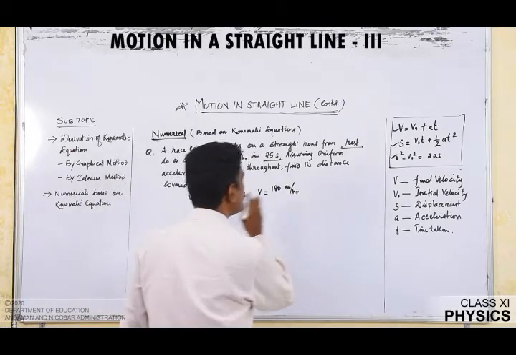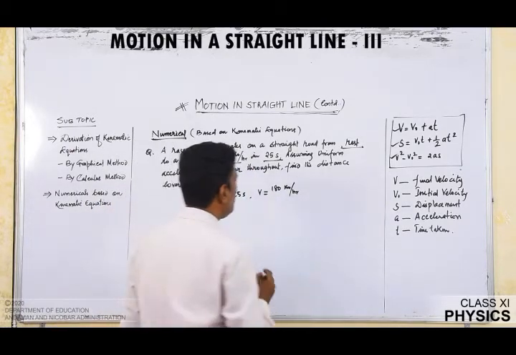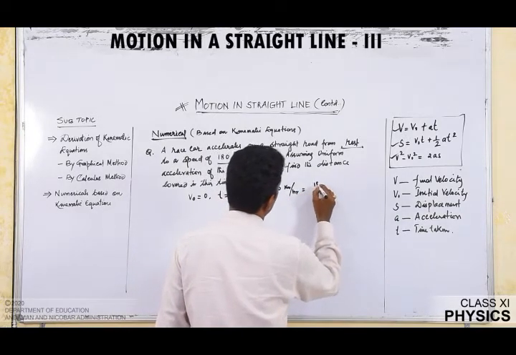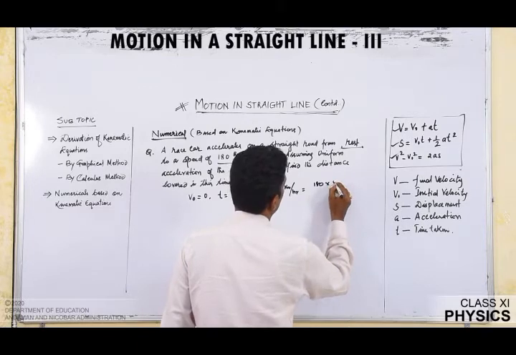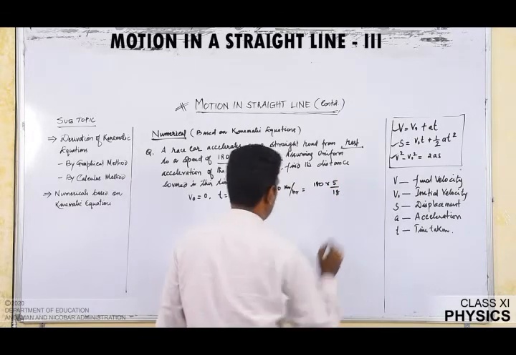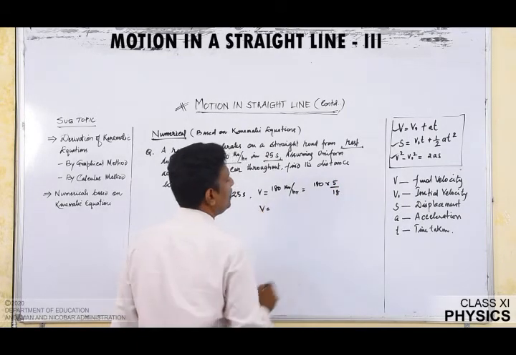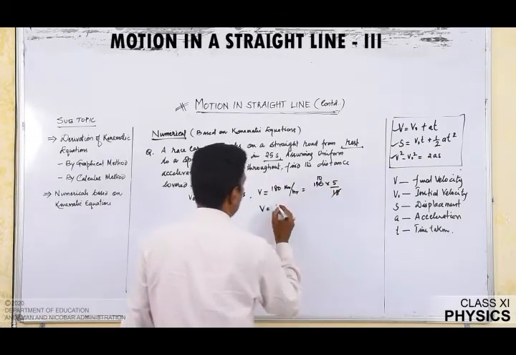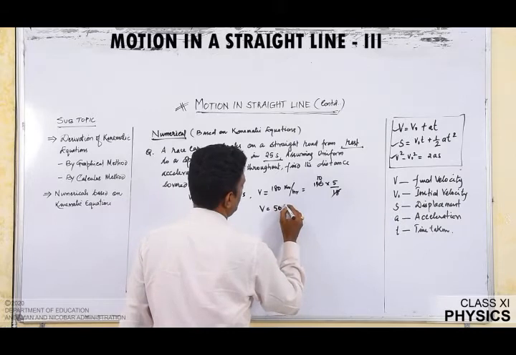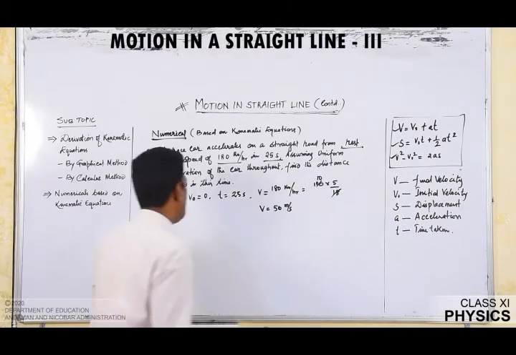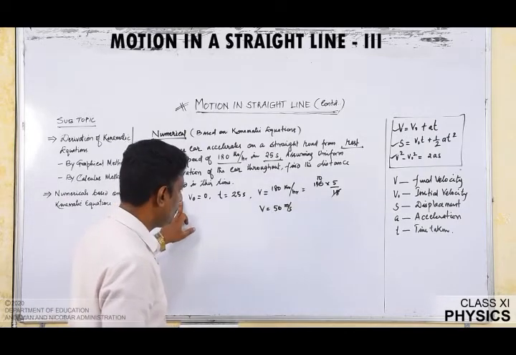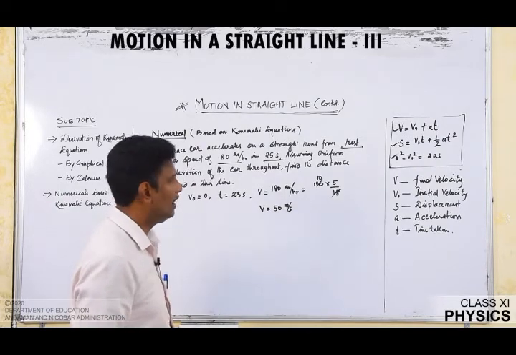To bring this into meter per second, we multiply by 5 by 18. So, 180 into 5 by 18, that is 10 into 5, 50 meter per second. Now, we have the final velocity, initial velocity and the time.